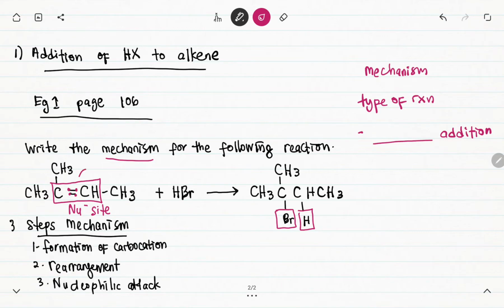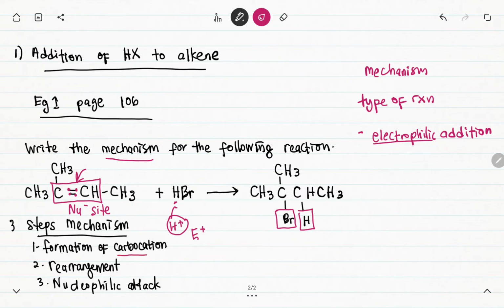And which is our first species added? If our reactant here is a nucleophile site, you must add H plus ion first. Why H plus ion? Because H plus ion is an electrophile. So the type of reaction is electrophilic addition reaction. According to the mechanism, we have three steps.